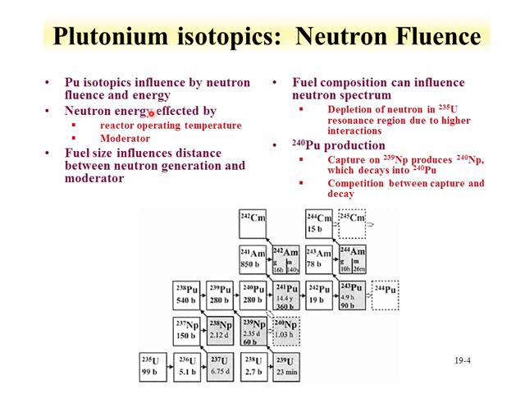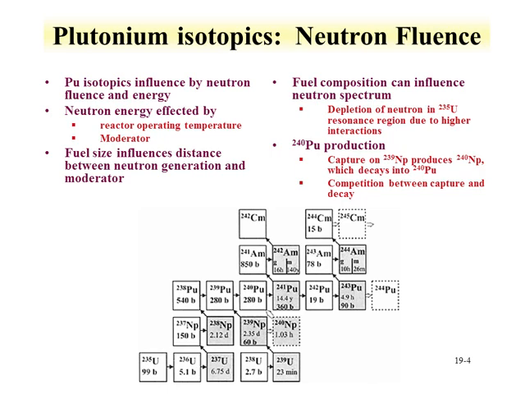So signatures from the plutonium isotopics that are driven by the energy of the neutron can tell one something about the reactor operating temperature and the moderator that was in that reactor. The fuel size also influences the distance between the neutron generation and the moderator and can impart signatures into the plutonium isotopics. The fuel itself can influence the neutron spectrum.